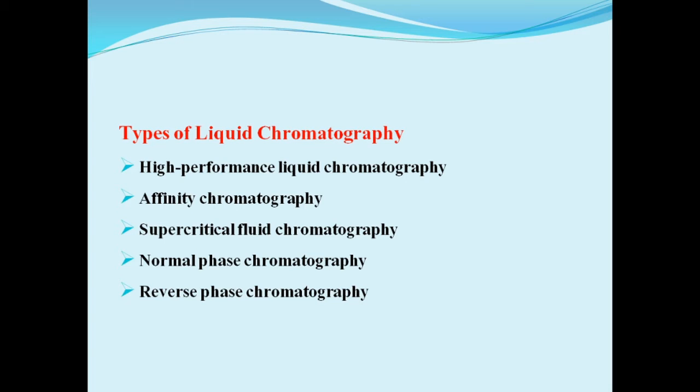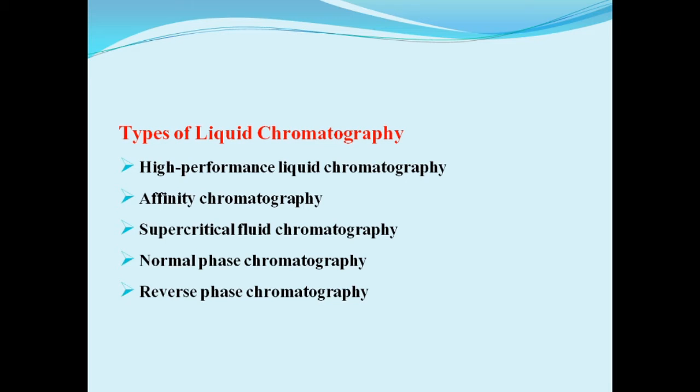Techniques in which the stationary phase is more polar than the mobile phase, for example, toluene as the mobile phase, silica as the stationary phase, is called normal phase liquid chromatography, NPLC.